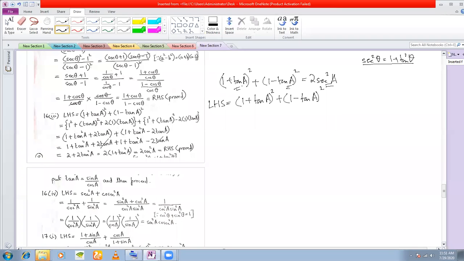So here on the left hand side, I see a tan, which I want to change to sec, which is quite possible. But the problem is I have a whole square. So I remove the problem by expanding it.